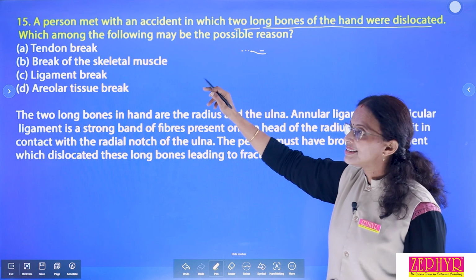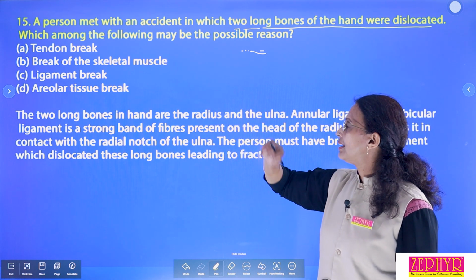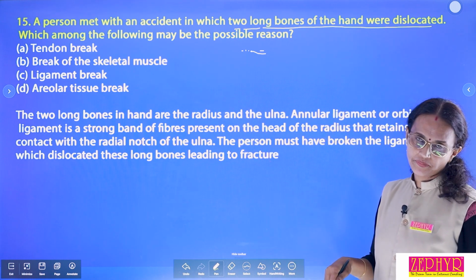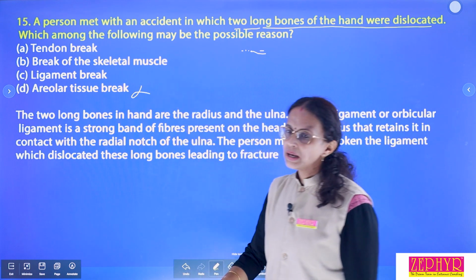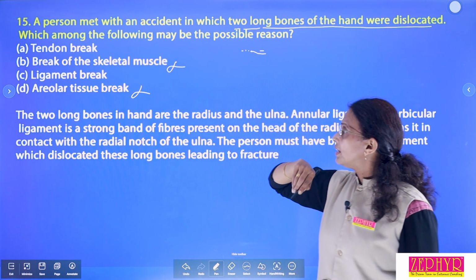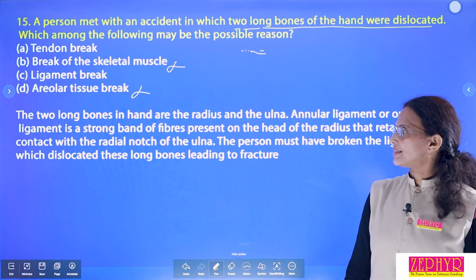The options are tendon break, break of skeletal muscle, ligament break, areolar tissue break. Areolar tissue break is the wrong answer. Break of skeletal muscle, it is muscle, is also wrong. Then tendon break and ligament break, which is the correct answer?